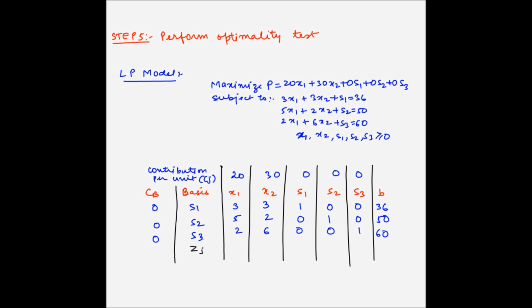So 3 multiplied by 0, 5 multiplied by 0, 2 multiplied by 0, and add those 3 up. So basically what we are doing is 0 multiplied by 3 plus 0 multiplied by 5 plus 0 multiplied by 2, and this is equal to 0 plus 0 plus 0, which is 0. So this becomes 0.